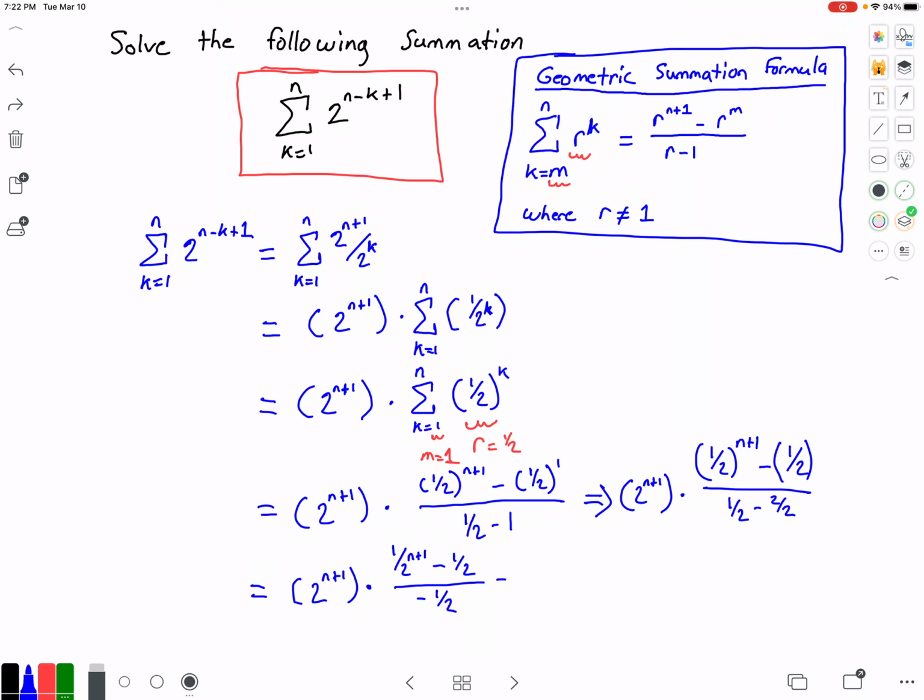Now this is equal to 2 to the power of n plus 1 times 1 over 2 to the power of n plus 1 minus 1/2, times negative 2. We got that negative 2 from the denominator.